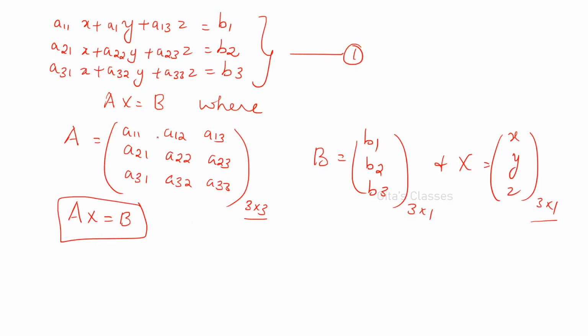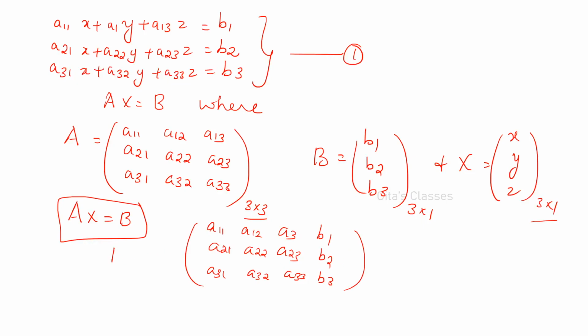We write this matrix A, that is A11, A12, A13, A21, A22, A23 and A31, A32, A33. And the last column, if you write B1, B2, B3, the matrix B, this is nothing but A comma B. It is called the augmented matrix.